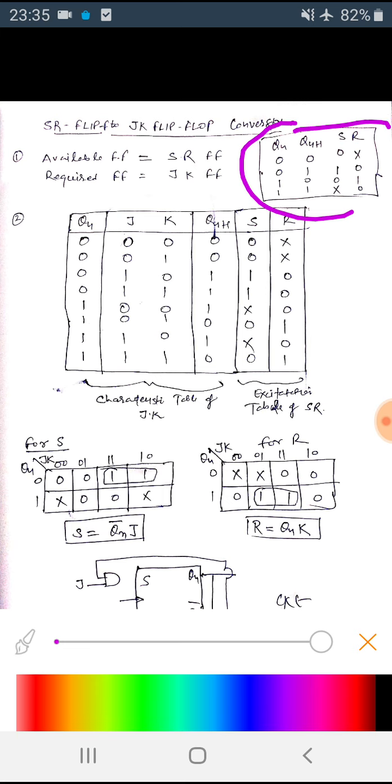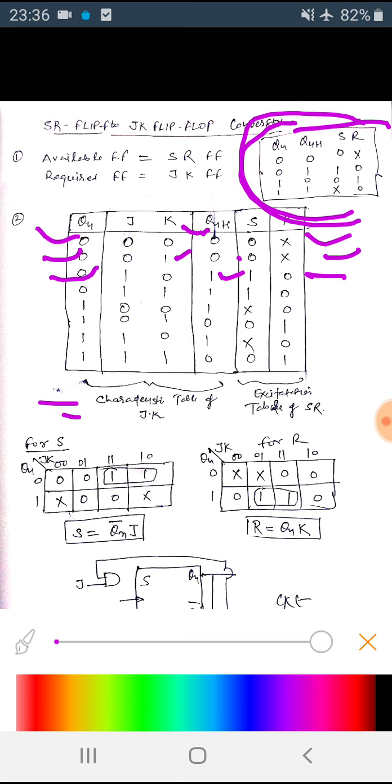For 0 0 it was 0 don't care, 1 0, 0 1, and don't care 0. So for Qn equal to 0 and Qn+1 equal to 0, we can see it was 0 don't care. Similarly for 0 and 1 it is 1 0. We can see from the excitation table, and similarly we can write down for all the combinations.